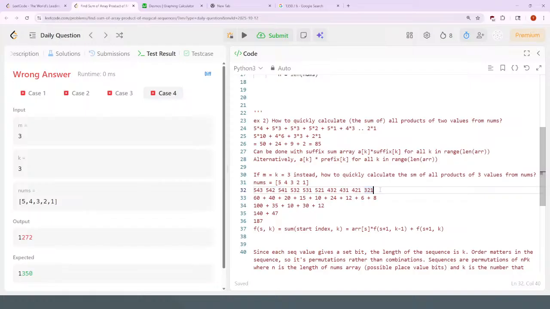Oh boy. Yeah, I'm pretty off. Either that or I'm miscalculating some of these multiplications. 5, 4.